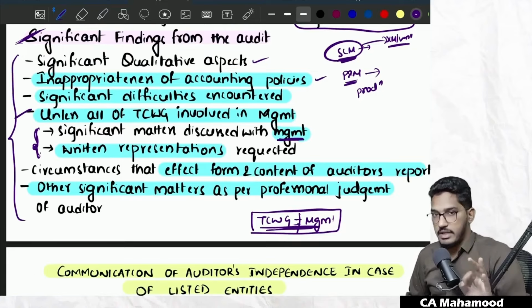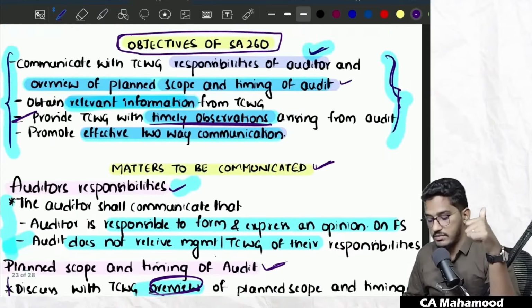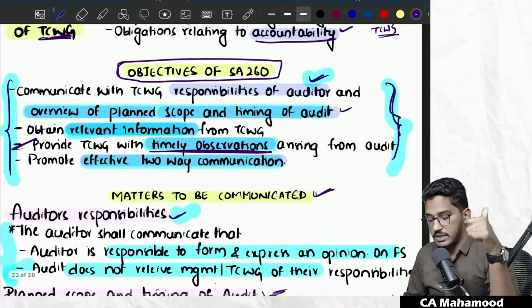Clear? So what we have done till now, we have understood the meaning of those charged with governance, the objectives of SA 260, and specifically what matters you have to communicate regarding each objective. And the standard specifically says, if you are conducting audit of listed entities, in addition to the above matters, you are required to communicate certain matters regarding auditor's independence also.